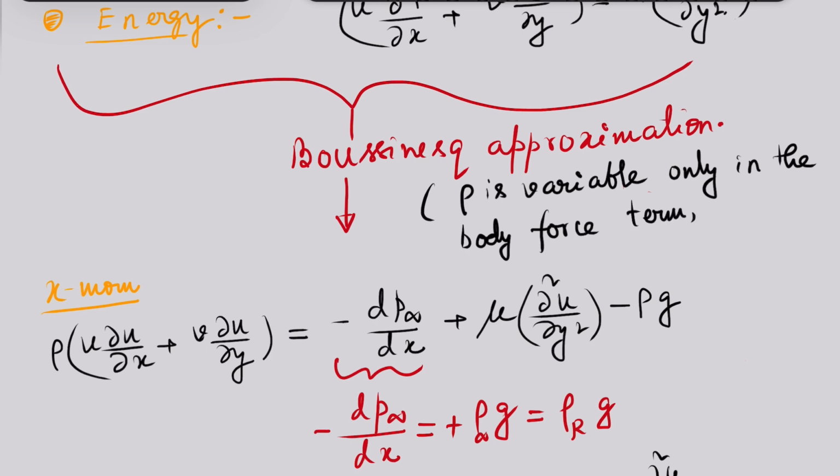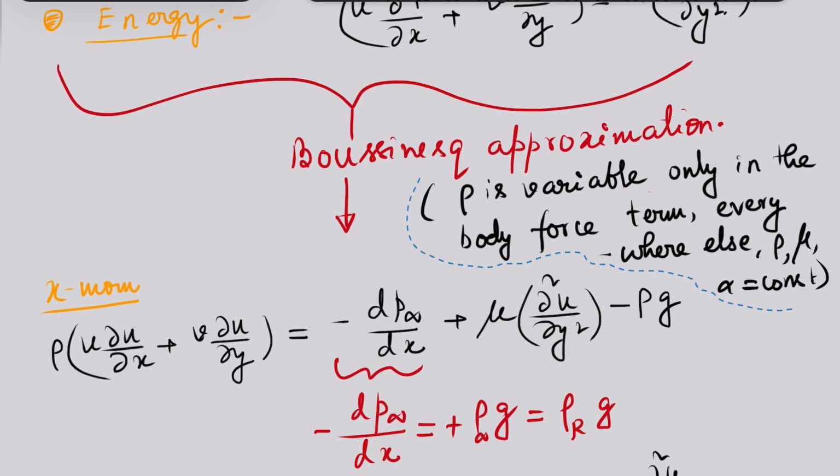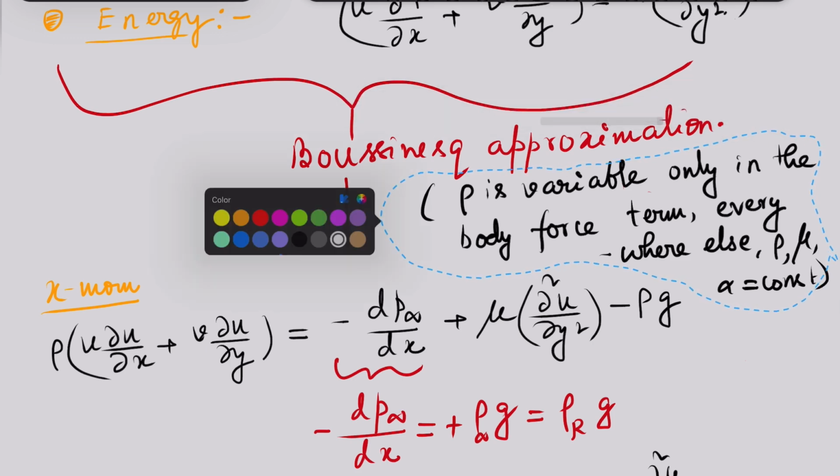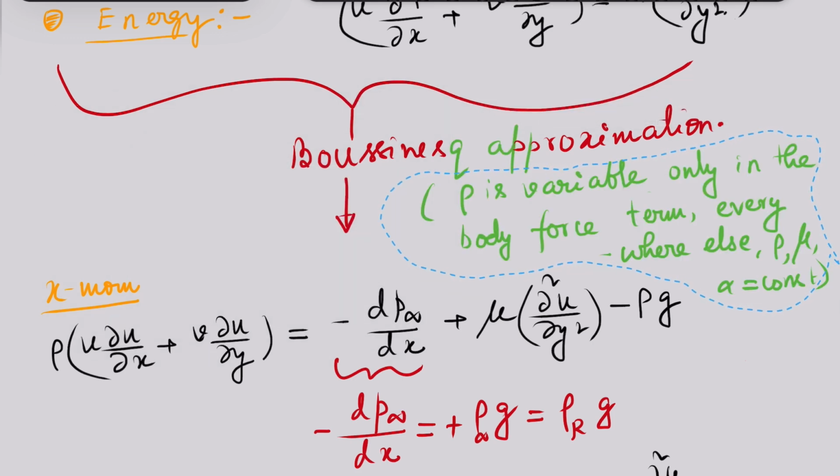Everywhere else, rho, mu, alpha, these are all constant. Let me change the color of this statement to make it stand out. Color can be green. Fine.